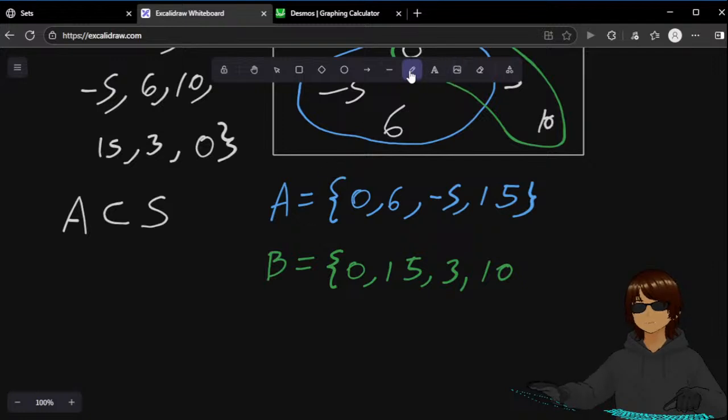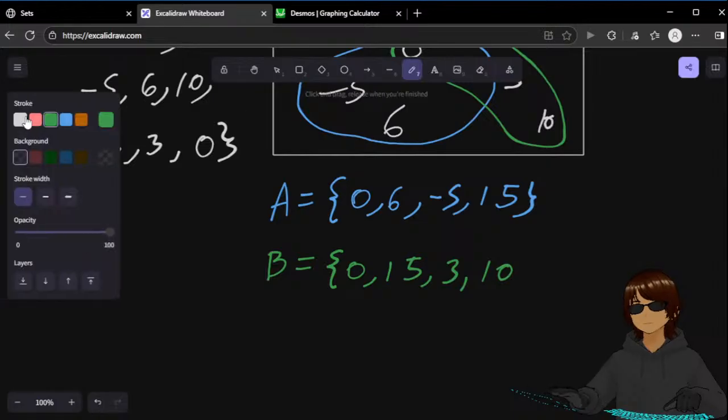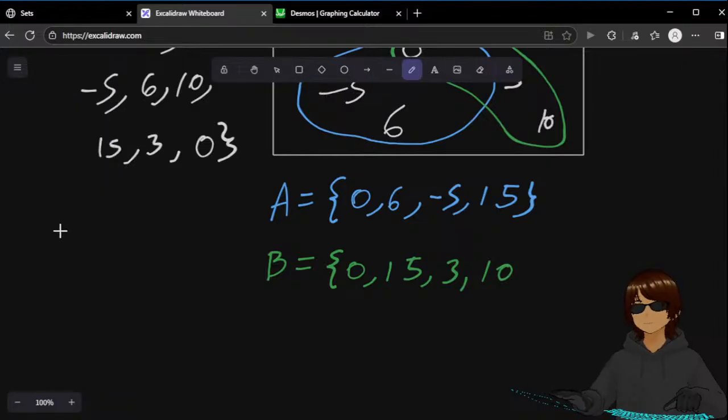So we have, yeah, I should write that back. A is this and B is this.